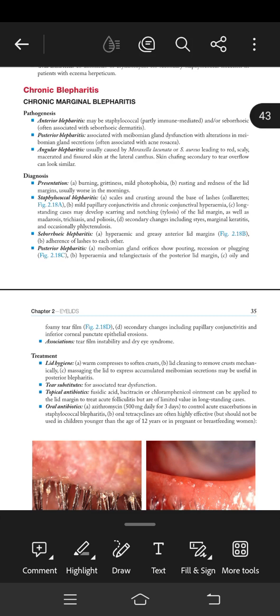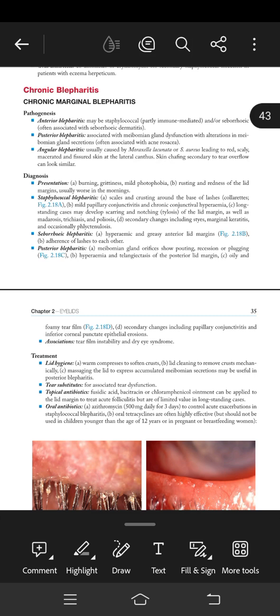Then seborrheic blepharitis. It shows hyperemic and greasy anterior lid margins, with adherence of lashes to each other. Then we have posterior blepharitis, with meibomian gland orifices showing pouting, recession or plugging, hyperemia, telangiectasia of posterior lid margins, and oily and foamy tear film, a very very important sign.